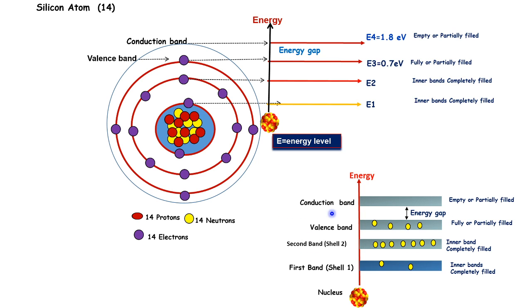Try to remember, the separation of valence band and conduction band is nothing but the energy gap. Now this energy gap decides the solid's conductivity. In this case, 0.7 electron volt to 1.8 electron volt, so the gap between these two is 1.1 electron volt.